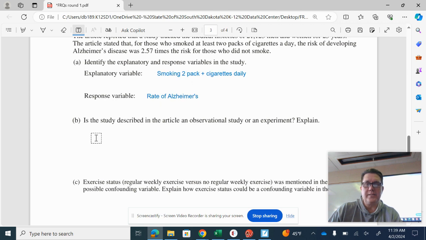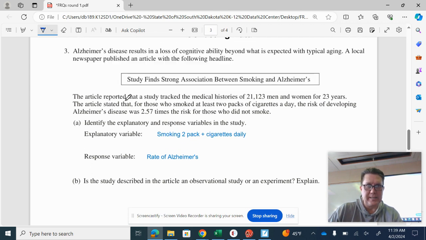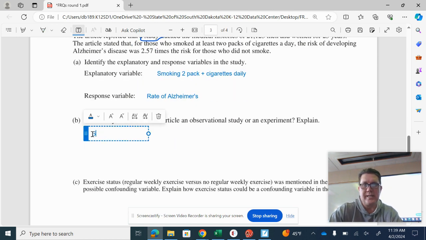Is it an observational study or an experiment? We may need to go back to check that out. It says it's a study that tracked these men and women who some smoked, some didn't. They would have made the choice. So since they chose to smoke or not, it is an observational study.